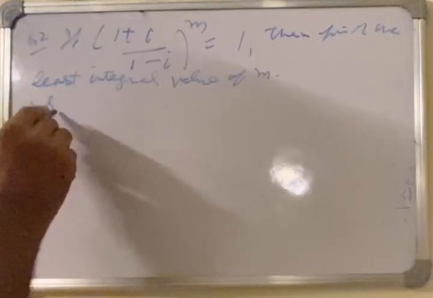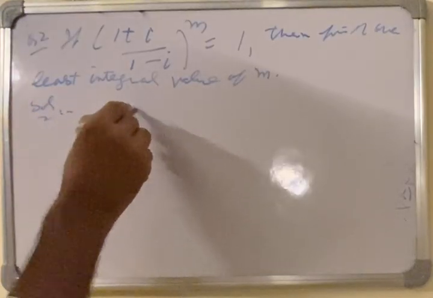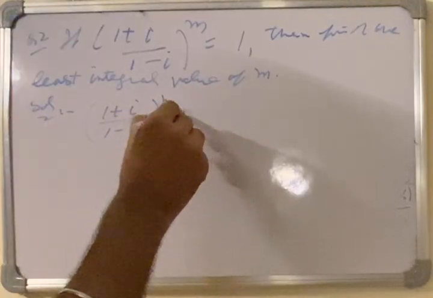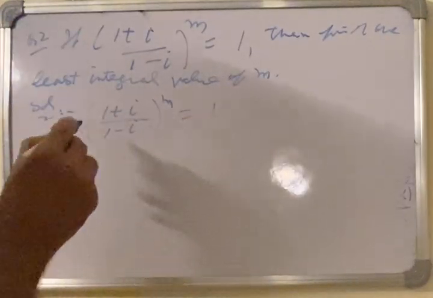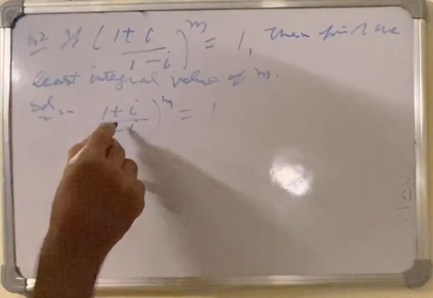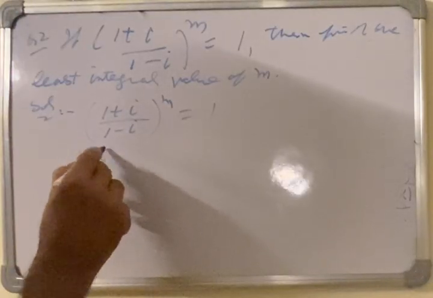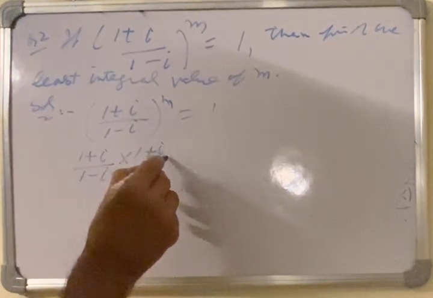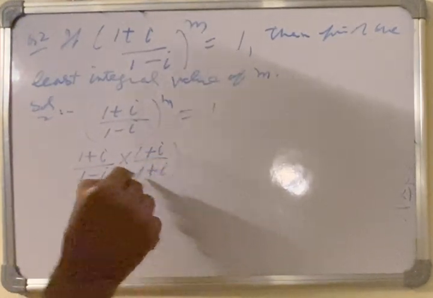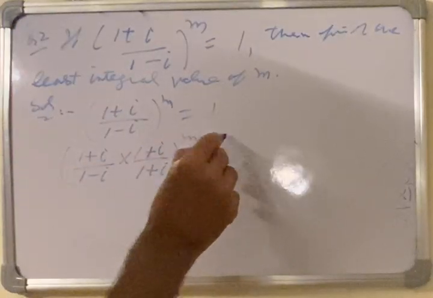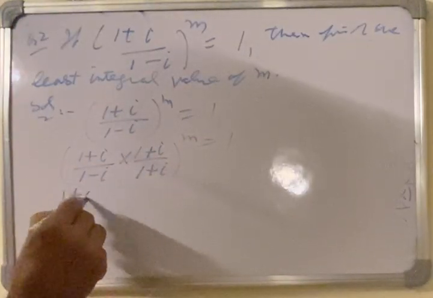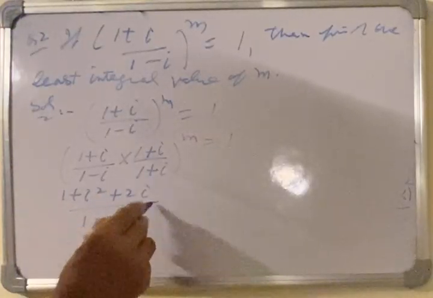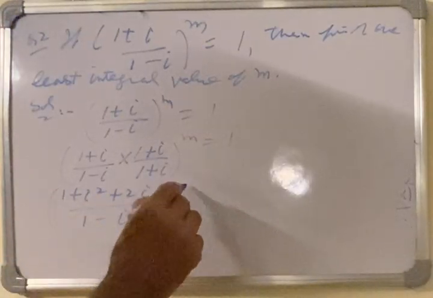Solution: we have (1 plus iota over 1 minus iota) raised to power n is 1. Then we rationalize this: (1 plus iota over 1 minus iota) into (1 plus iota over 1 plus iota), raised to power n equal to 1. This is (1 plus iota) square over (1 minus iota square), whole power n is 1.